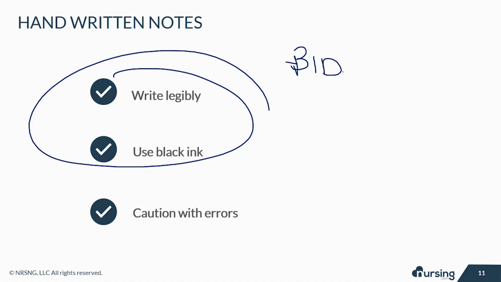What you should be doing is putting a line through it, correct the error with, let's say, QD, okay? Correct the error with your initial, date, and time, okay? That's all you have to do. Very clear cut, very simple. That's what you do with your errors, okay?